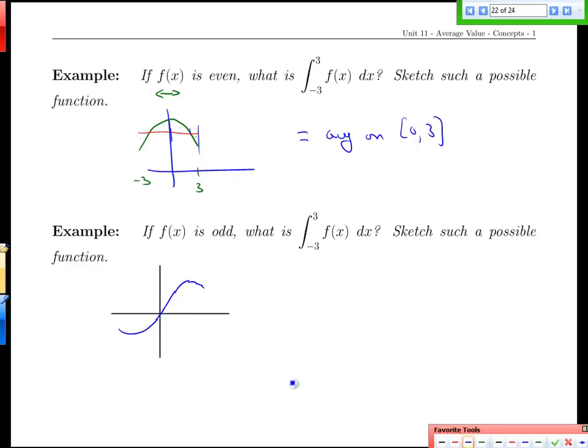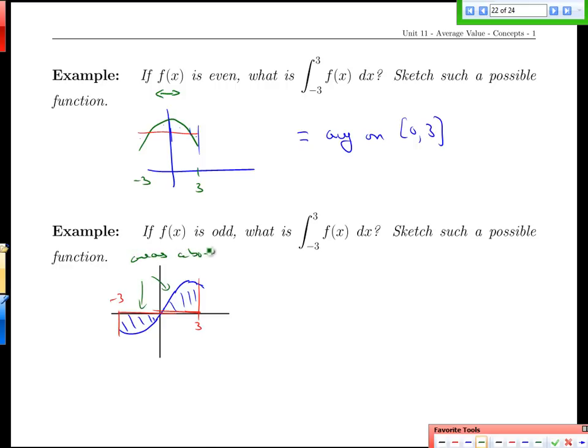Well, take a look, make your guess. We can make a pretty clear-cut argument that the average value will have to be 0. On this interval, if it's symmetric, let's take -3 to 3 as an example, by the symmetry in the function, we're guaranteed that the area above and the area below are going to be identical in size.